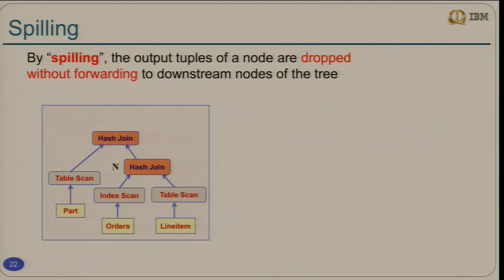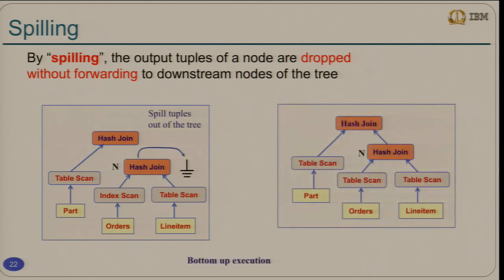So we cut off here and we call it spilling. Okay. So we cut this off and use the entire budget only for this part of the tree. We don't evaluate this part of the tree at all. Okay, it gives us a particular benefit. I'll tell you what it is, but that is the critical thing we do.